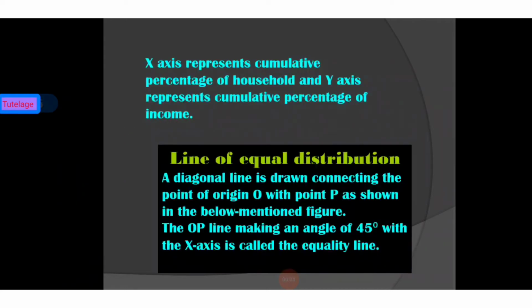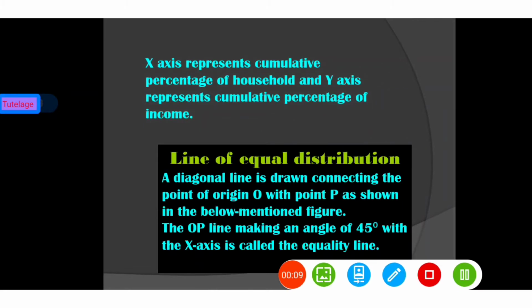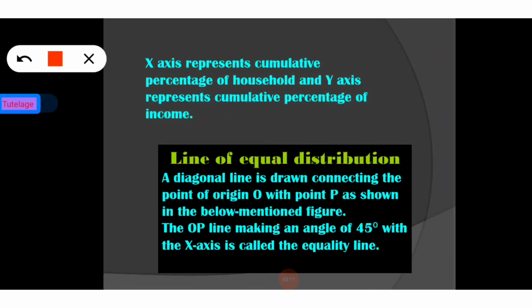In the above mentioned figure, we have already seen the x-axis represents the cumulative percentage of households and the y-axis represents the cumulative percentage of income. And what do you mean by a line of equal distribution? I think this is clear to everyone. Basically, a diagonal line is drawn connecting the point of origin O with the point P as shown in the above mentioned figure.